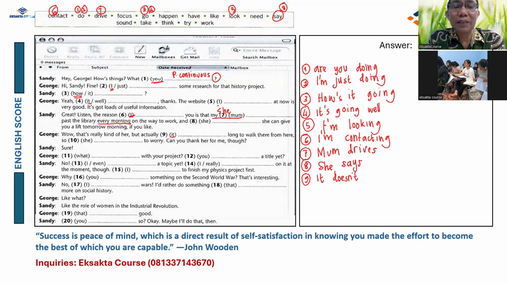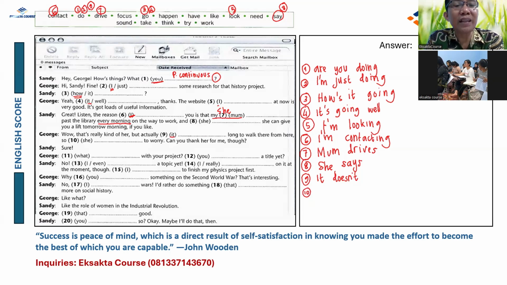It doesn't long to walk there from here. Use doesn't once again because the subject is it. And then use the verb. So doesn't. Okay. Next, number 10.